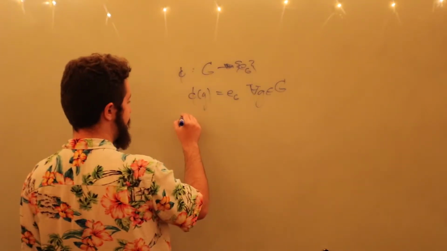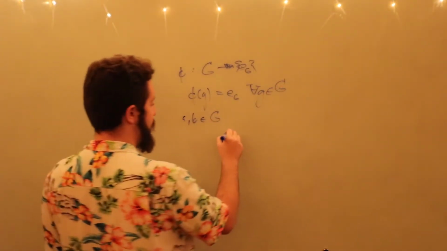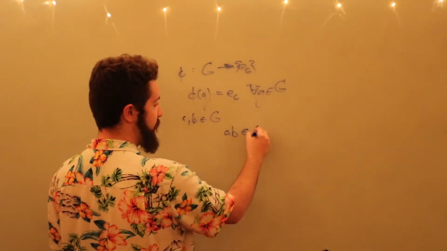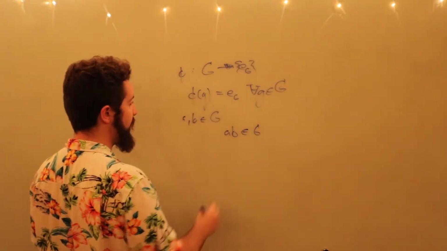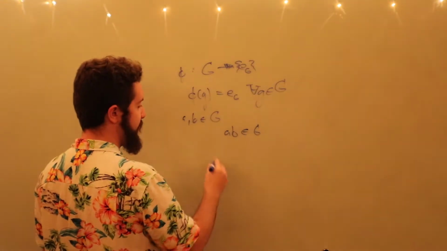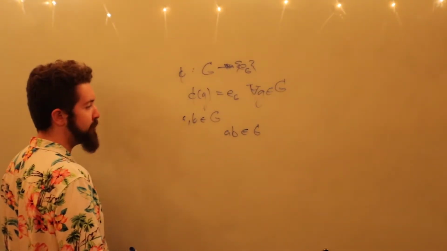Well, let a and b be arbitrary elements of the group G. Then ab is going to be another element in the group G because G is closed under products, right? But we said that all elements of G are mapped to the identity, so clearly the element ab also gets mapped to the identity.